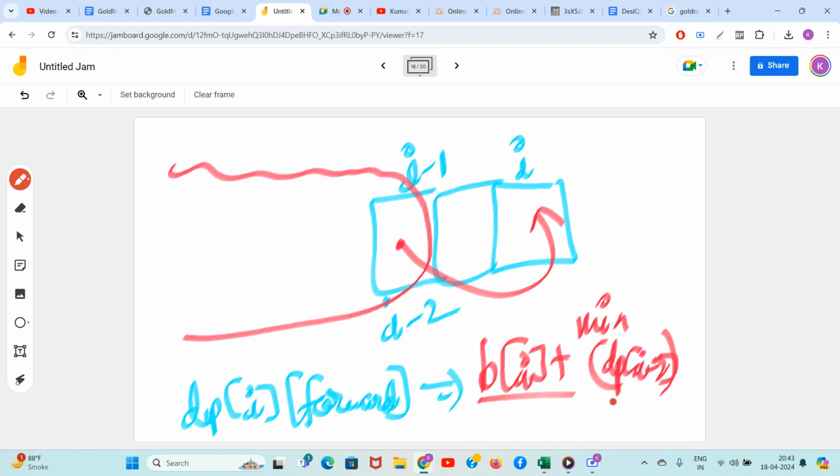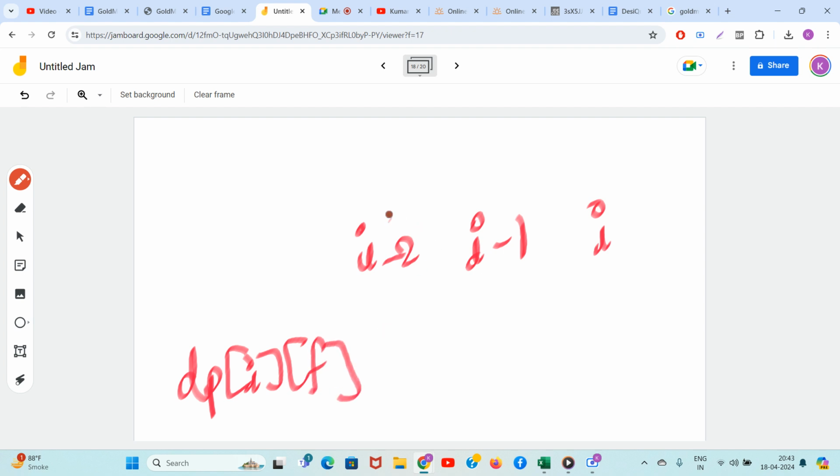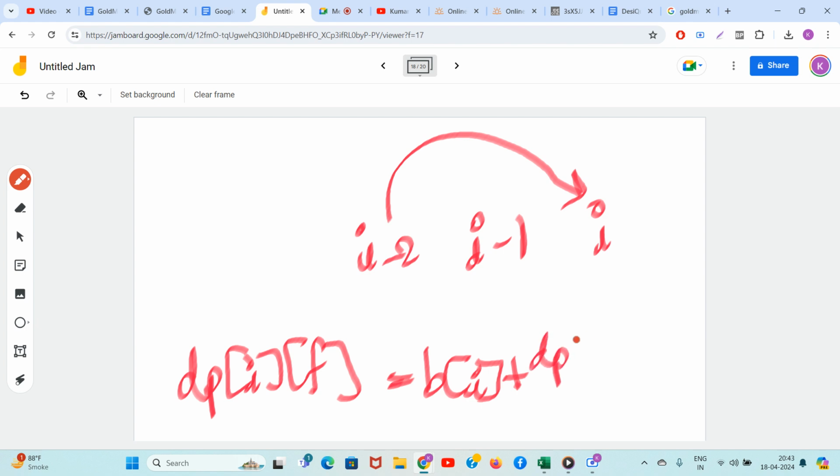There are two options, but you can reach dp of I minus 2 in both the ways, backward ways also and forward ways also. Got the point, guys? If this is I minus 1, this is I minus 2. dp of I forward means you are going from I minus 2 to I, right? So the answer will be b of I plus dp of I minus 2 forward.